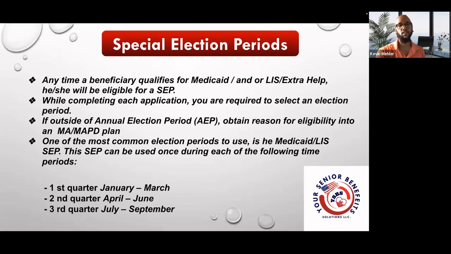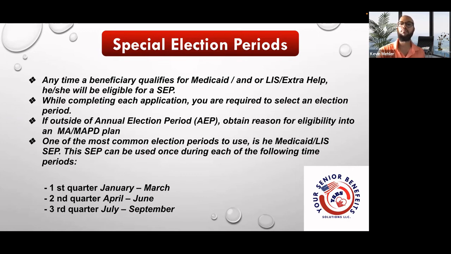All right, guys, and then just to take a quick look here at the special election periods. So anytime a beneficiary qualifies for Medicaid and or LIS extra help, he or she will be eligible for an SEP. Okay. Now, while completing each application, you are required to select an election period. And so if outside of an annual election period, obtain the reason for eligibility into an MA or MAPD.